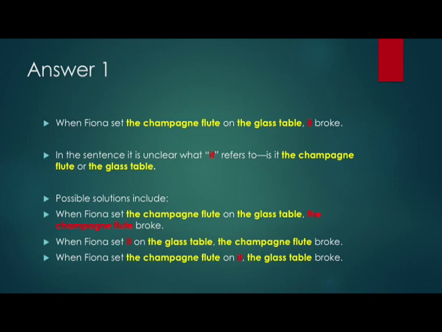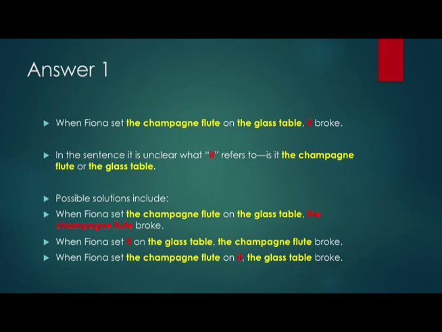So alternatives to that would be when Fiona set it on the glass table, the champagne flute broke. So what I just said a couple minutes ago, the main clause, the champagne flute broke, in this independent clause, we are naming the subject specifically rather than referring to it with a pronoun, so that will always ensure clarity.